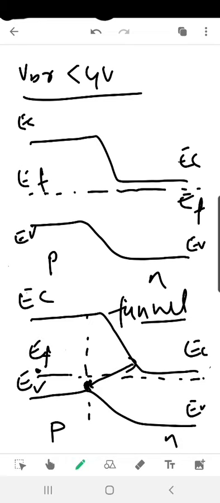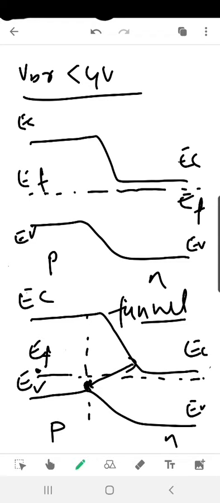Because we know that in the energy band diagram there are different energy states. In the p-type semiconductor, there will be some energy states which will be filled. Similarly, in the n-type semiconductor, there will be some energy states which are empty, which do not contain any electron or hole.